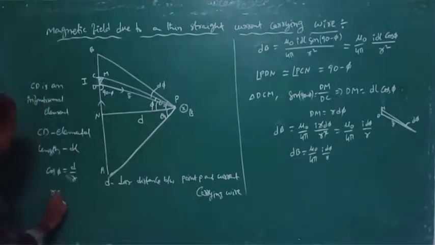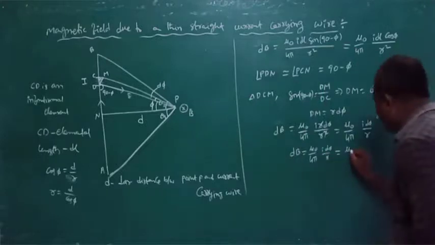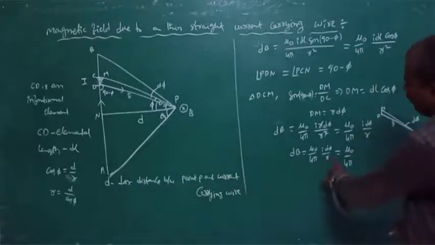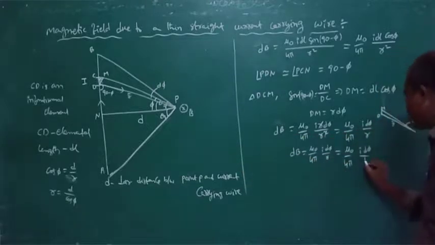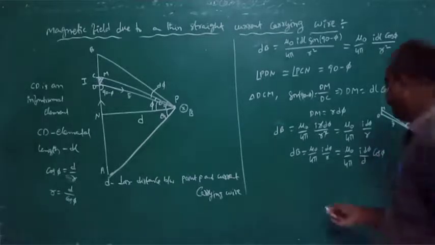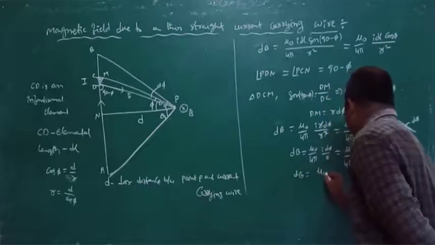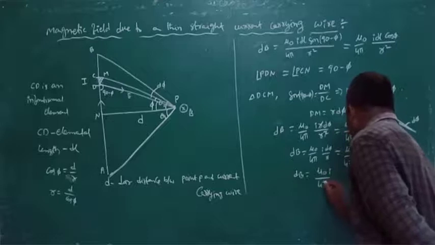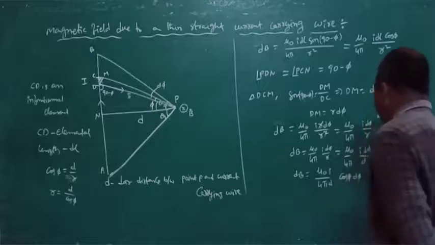Therefore r equals d by cos φ. Then dB equals μ0 by 4π into I dφ by r, where 1/r is cos φ by d. Therefore dB equals μ0 I by 4π d into cos φ dφ.